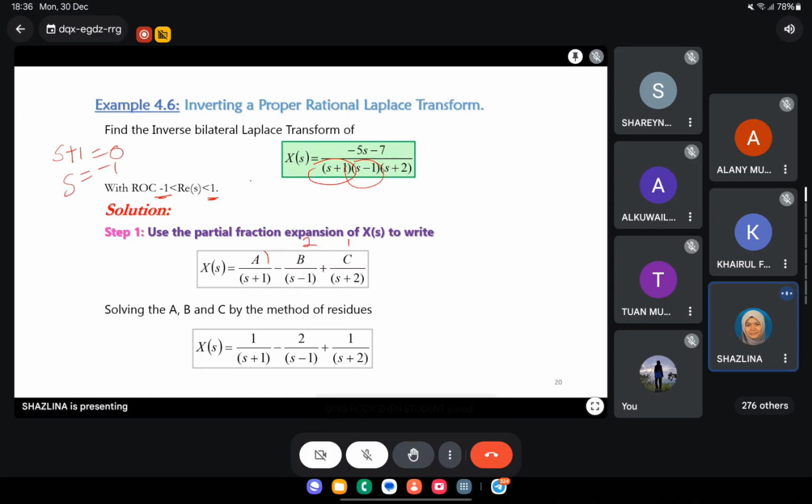So it's for this term. And then for 1 is this term. S minus 1 equals to 0, s equals to 1. So the u(t) and u(negative t) tu, it has to do with these two poles lah, 1 and negative 1.